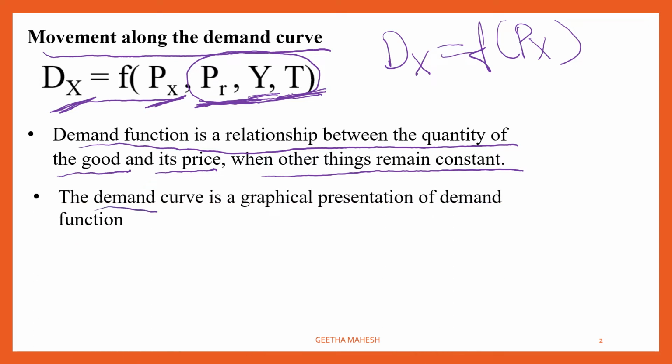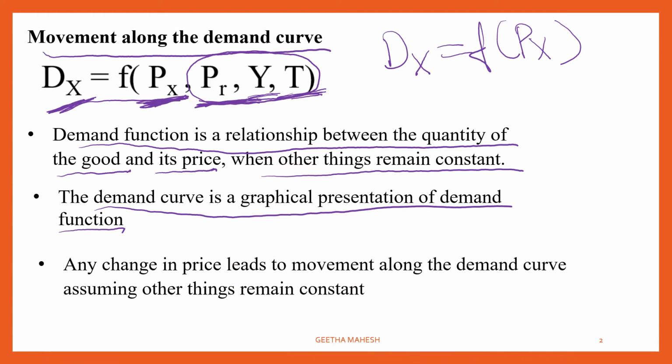So demand curve is a graphical representation of demand function. When you bring a graphical relationship between demand for a good and price of the good, then we call it the demand curve. Any change in price leads to movement along the demand curve, assuming that other things remain constant.